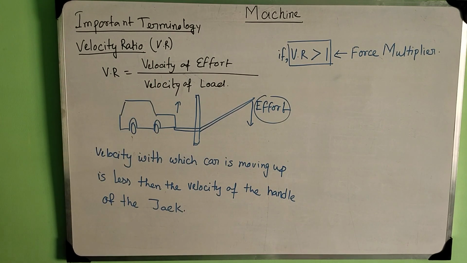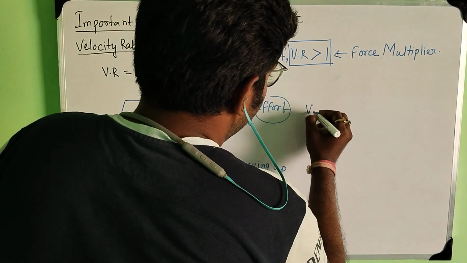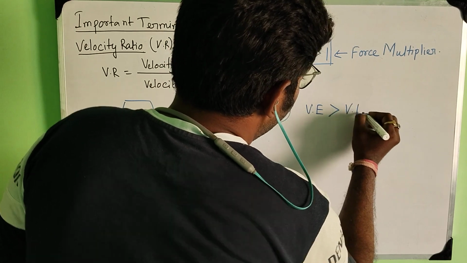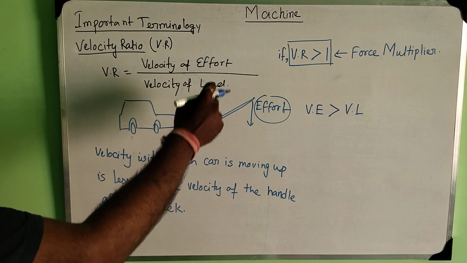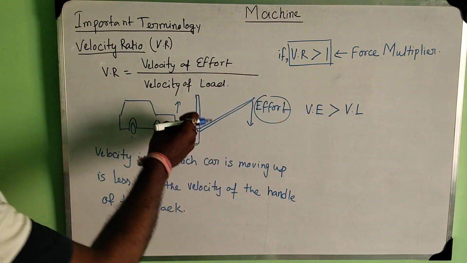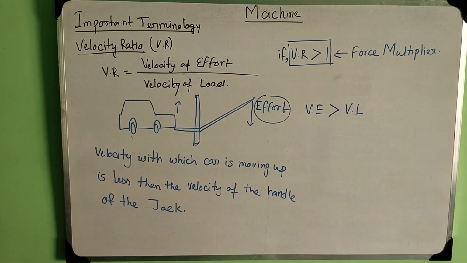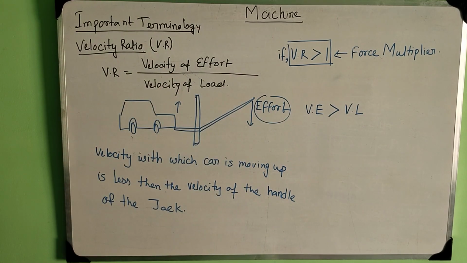Here in this case, we can see the velocity of the effort is greater than the velocity of the load. That means the velocity with which the car is moving up is very less than the velocity of the handle of the jack screw.